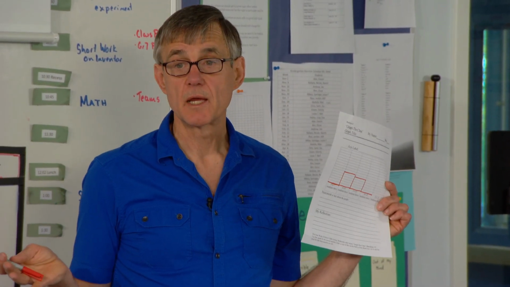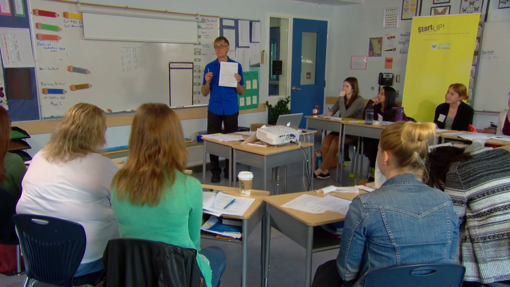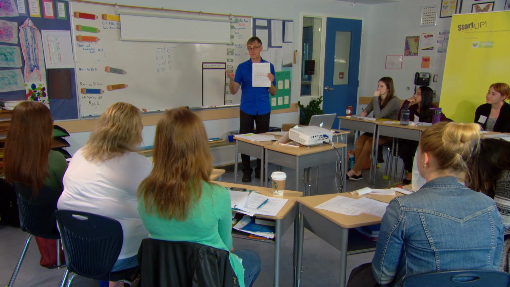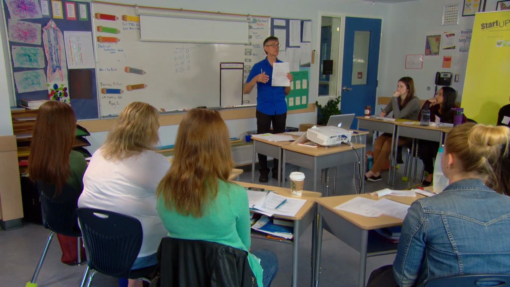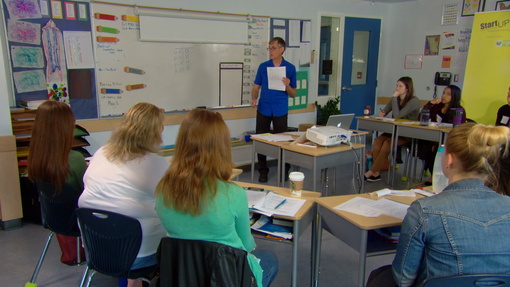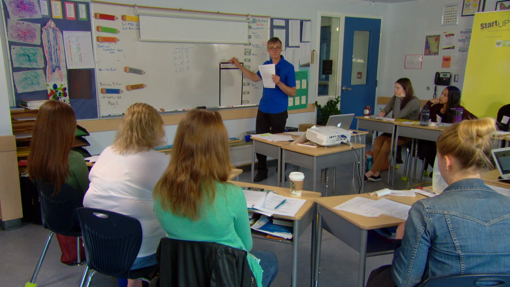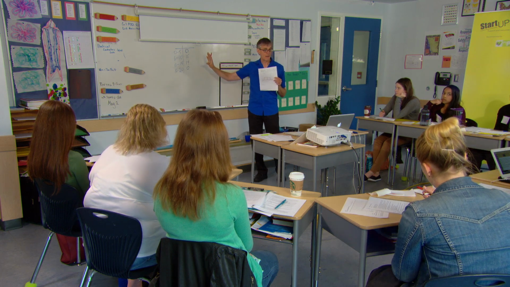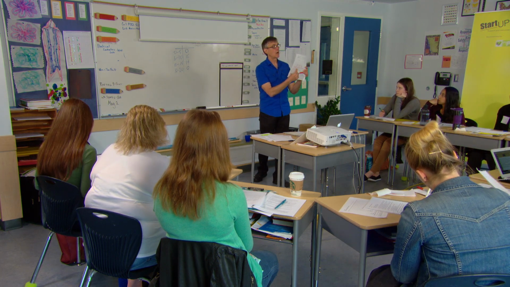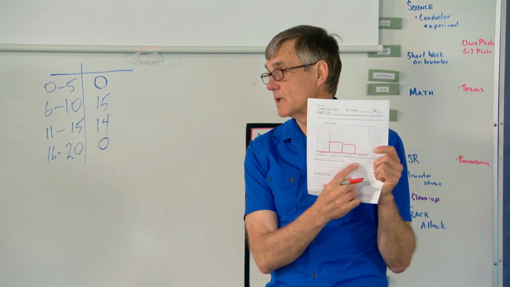What other statement could I make? 14 students think 11 to 15 people have pets. Yeah, okay. 14 students think that between 11 and 15 people have a pet. Okay, so I'll write that out. And once we have that, then I'll say, okay, go. You're going to write it right where it says statement here.